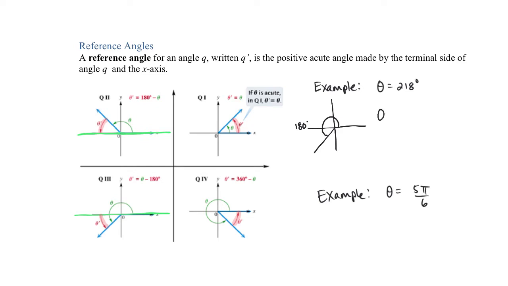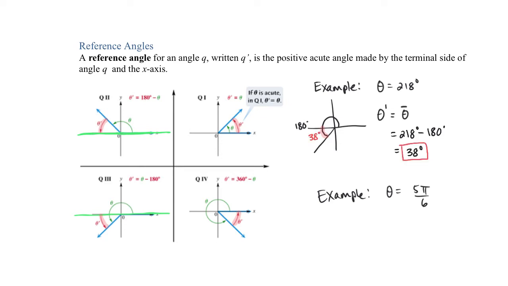So to find my reference angle, which we can show with a dash, or some books do it with a bar over the top, both of those are nice ways of showing reference angle, that's just the difference between our angle and 180 degrees. So we would just take 218 minus 180. And that is our reference angle, which is 38 degrees. And that's this little section right in here.